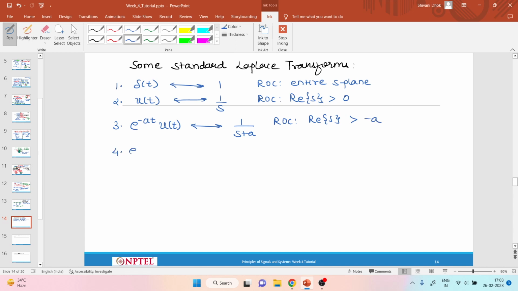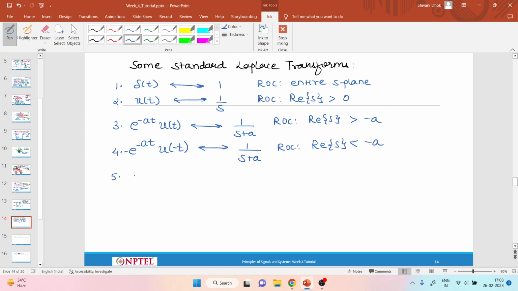Fourth one is minus e power minus at u of minus t, and this has the Laplace transform of 1 upon s plus a, and its region of convergence is the opposite, that is real part of s is less than minus a.